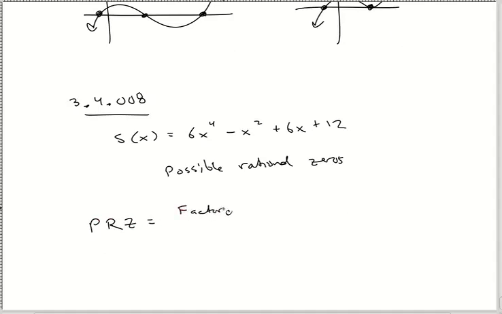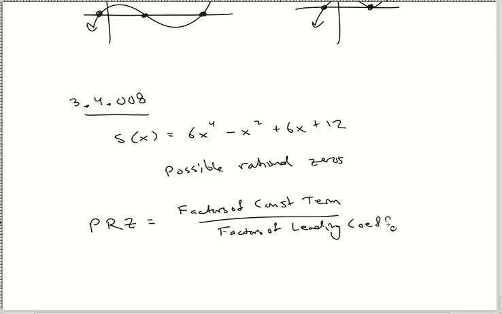This is factors of the constant term divided by factors of the leading coefficient. That's good enough. What are they talking about?